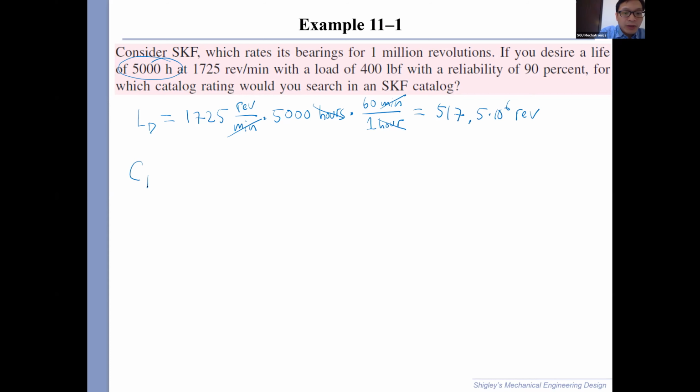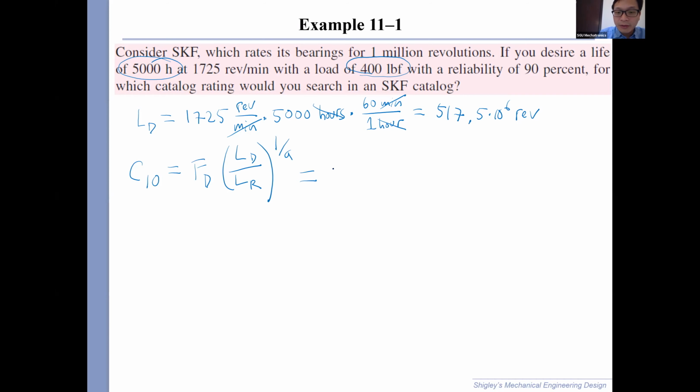The question now: we are about to select a bearing, so you select a bearing with the catalog load rating, C10. So C10 is FD times LD divided by LR to the power of 1 over A. FD is the actual load, 400 pounds.